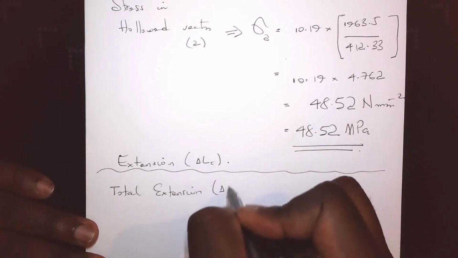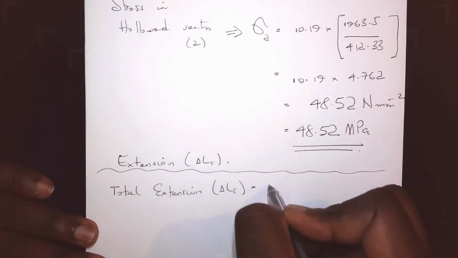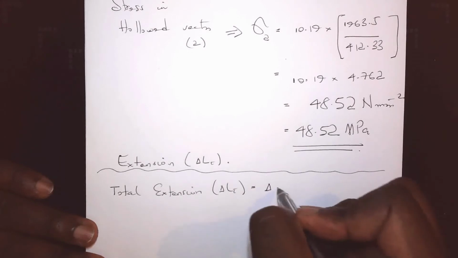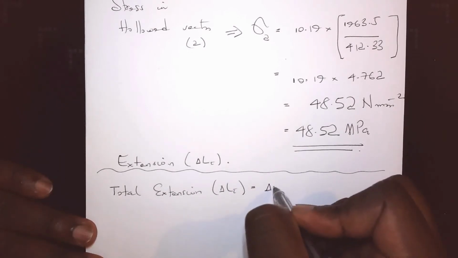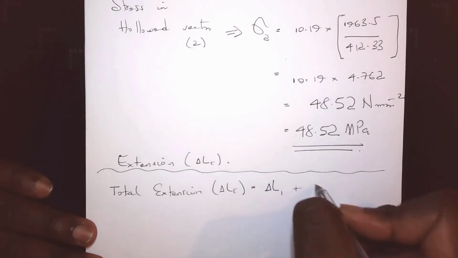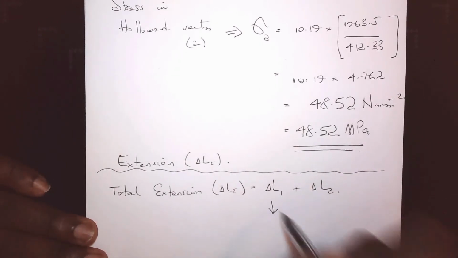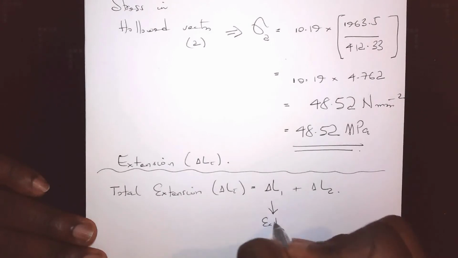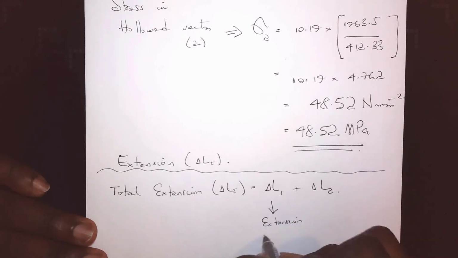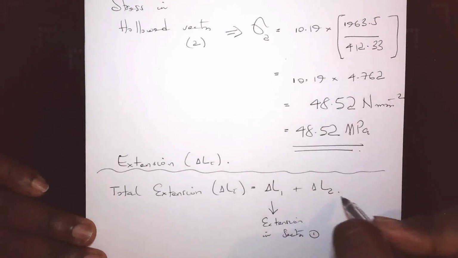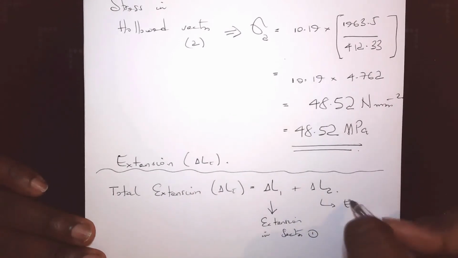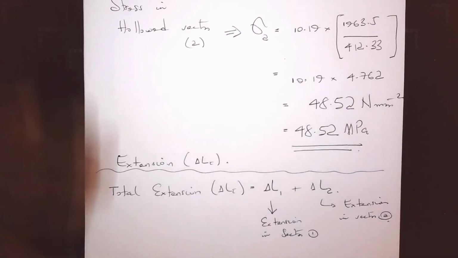So delta LT will be equal to the extension in section 1, so let's call that delta L1, plus delta L2. This is the extension in section 1, and this would be the extension in section 2.